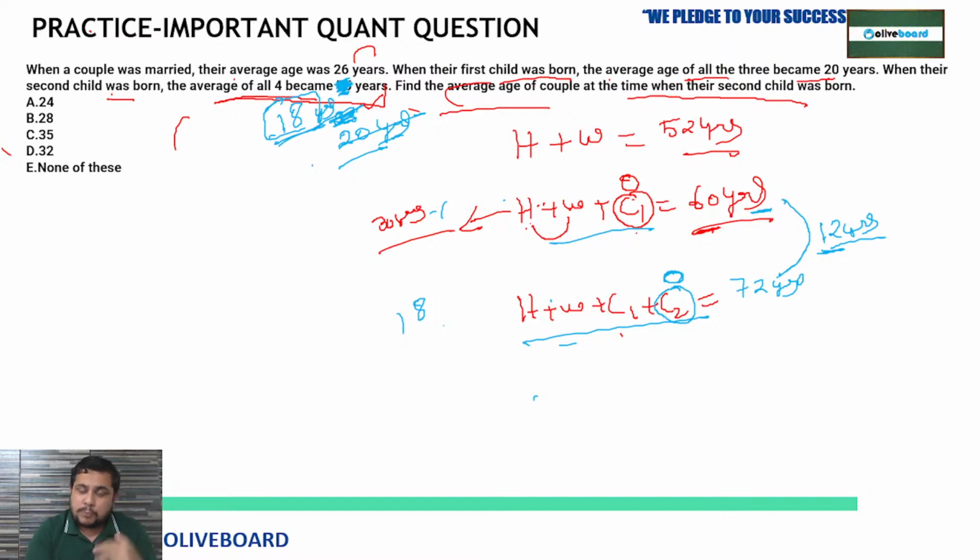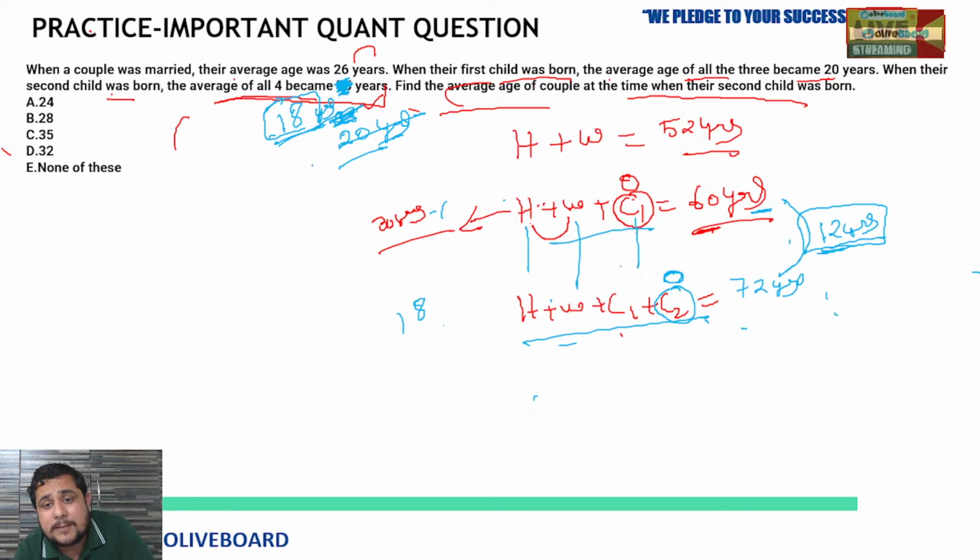But for both of us, our age will increase by only 2 years. So here also you can say this 12 years is the sum, right? Total increase in their ages. But if we talk about husband, wife, and child, all persons' ages will increase by an equal amount on an average basis.